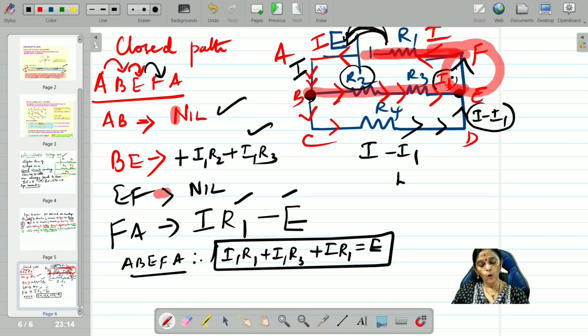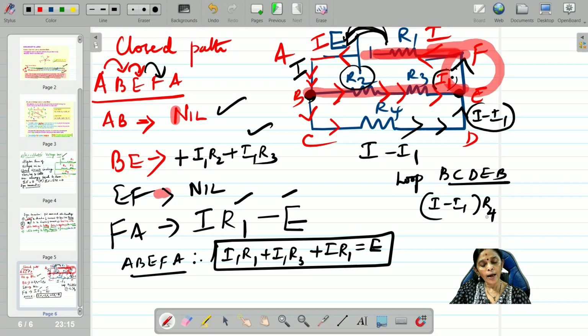Next, loop B, C, D, E, B. Now straight away you can write: B to C nothing, C to D along the direction, so I minus I1 into R4, and D to E nothing. E to B, check how you are going.